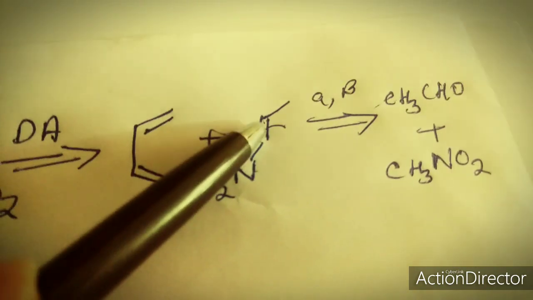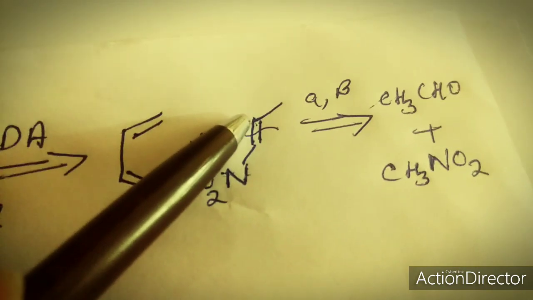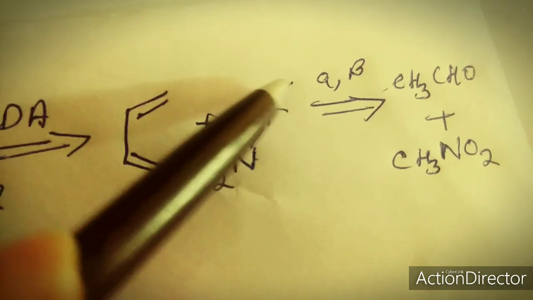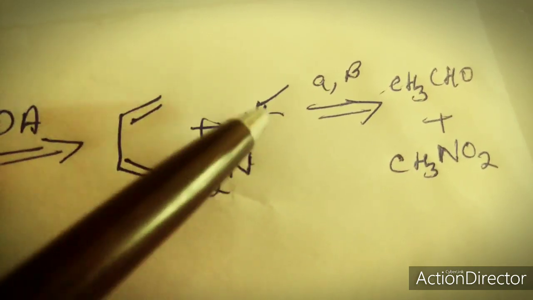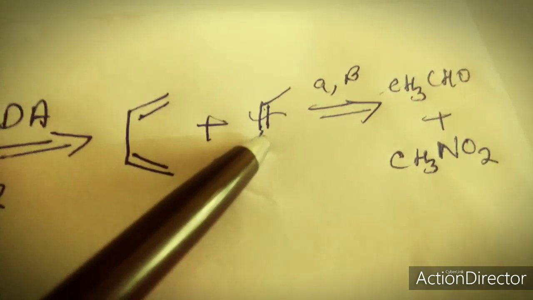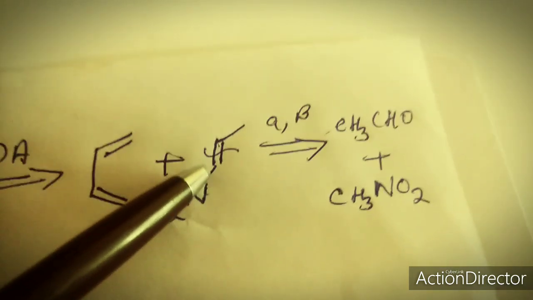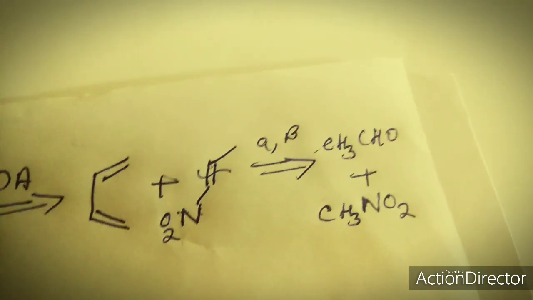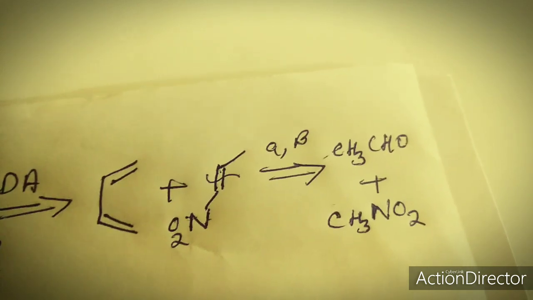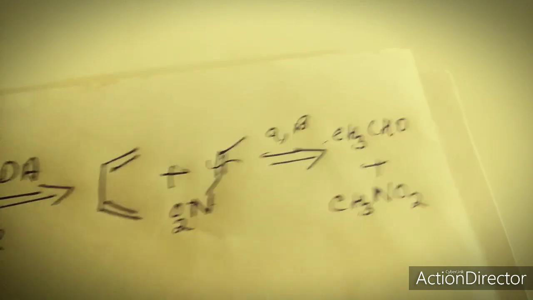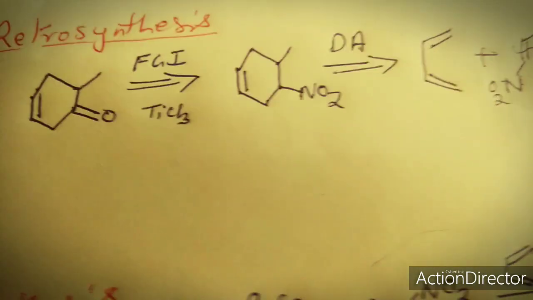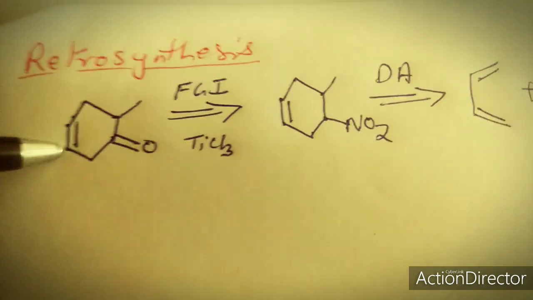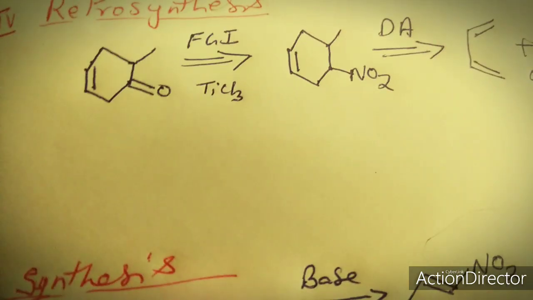This on alpha beta disconnection will give rise to CH3, CH and double bond O. When there is a double bond O, immediately this other carbon will be CH3, one carbon nitro, so CH3NO2. These two together are therefore simple starting reagents. From these two we can synthesize this ultimate target product, the cyclohexene derivative.